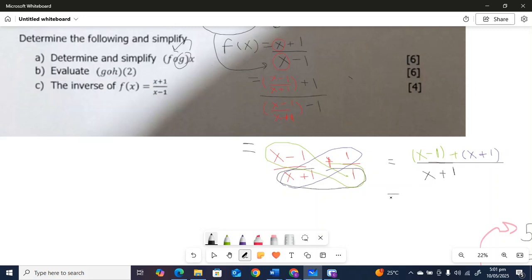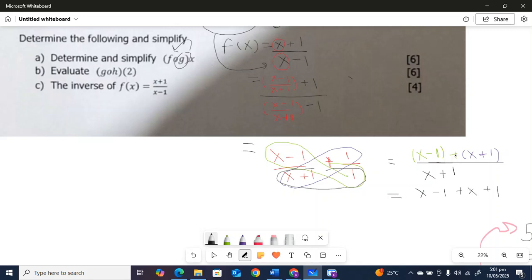Okay, so we simplify. Remember, we're just operating on the numerator first. Here we have x minus 1 plus x plus 1.